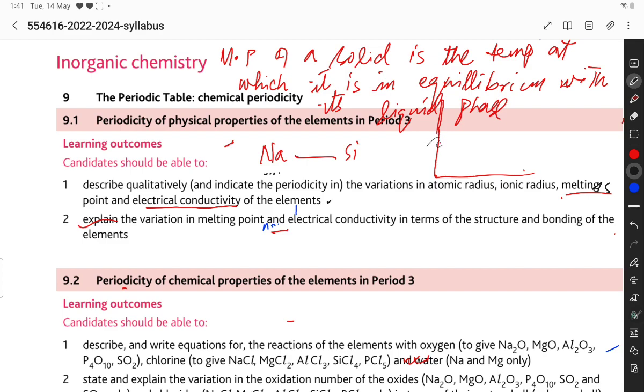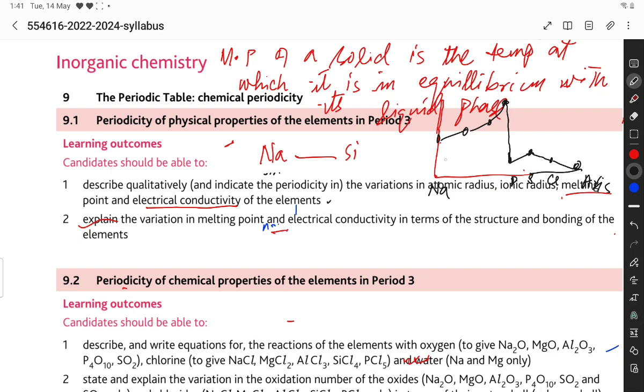So this is sodium, then silicon, and then phosphorus, then sulfur, then chlorine and argon. So this is the trend of the melting point.